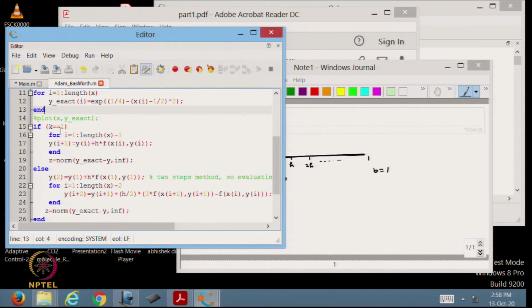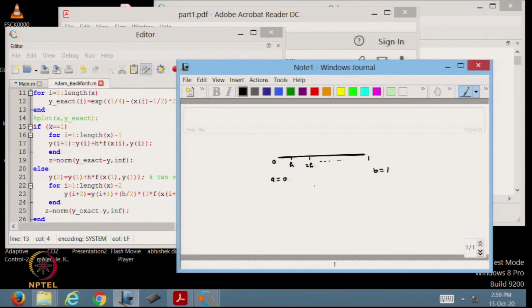So if k is equal to 1, it means step is equal to 1, then with the help of a for loop we are implementing the same algorithm which we already know, y i plus 1 is equal to y i plus h into f of x i, y i.